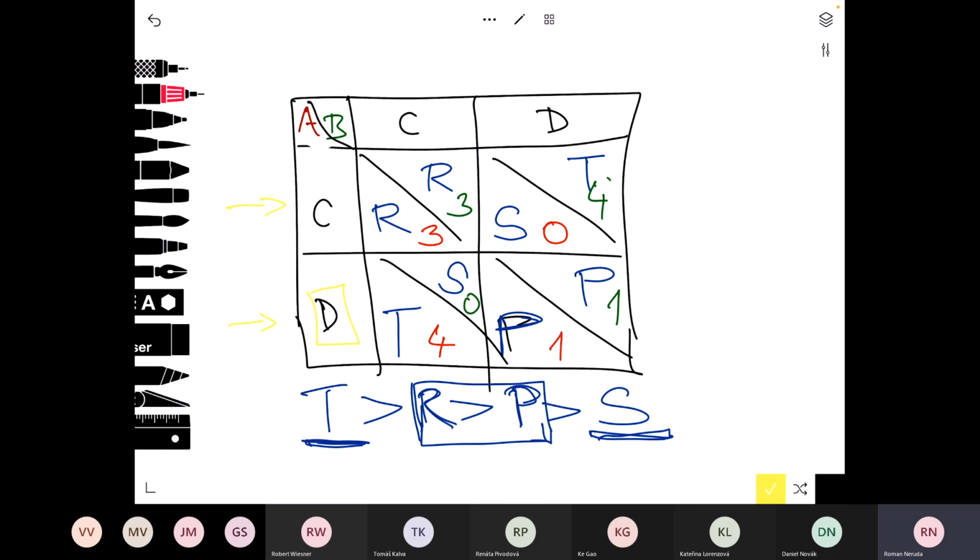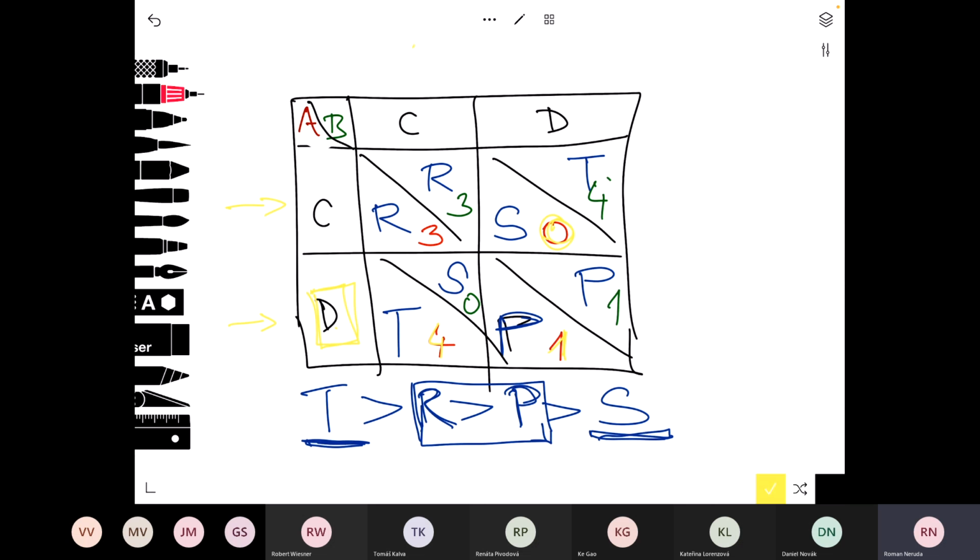Because when I cooperate, I can get 3 if I'm lucky, but the worst case scenario is I'm getting 0. If I decide to defect, I can get 4 if I'm lucky, but the worst case scenario is 1. So the 1 is important. I'm choosing D, right? And actually it's symmetric.